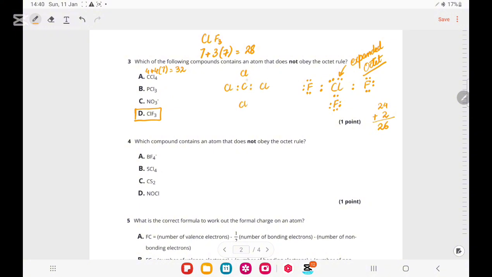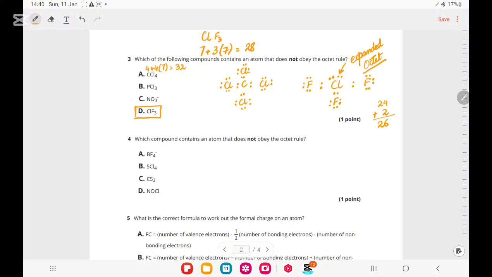First bond pairs are there, and then we are going to have lone pairs. If we see now the number of electrons there, they would become 1, 2, 3, 4, 5, 6, 7, 8. 8 times 4 is 32.